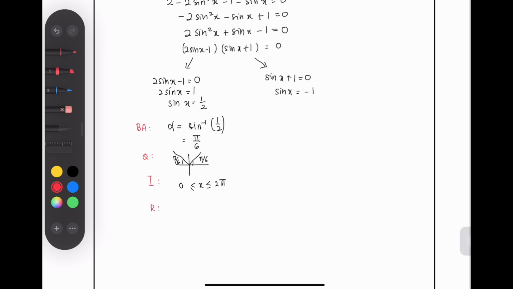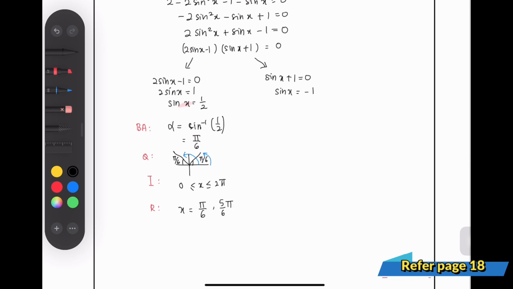So x equals, the first rotation is pi over 6. And the second one is basically pi minus pi over 6, and the answer is 5 over 6 pi.